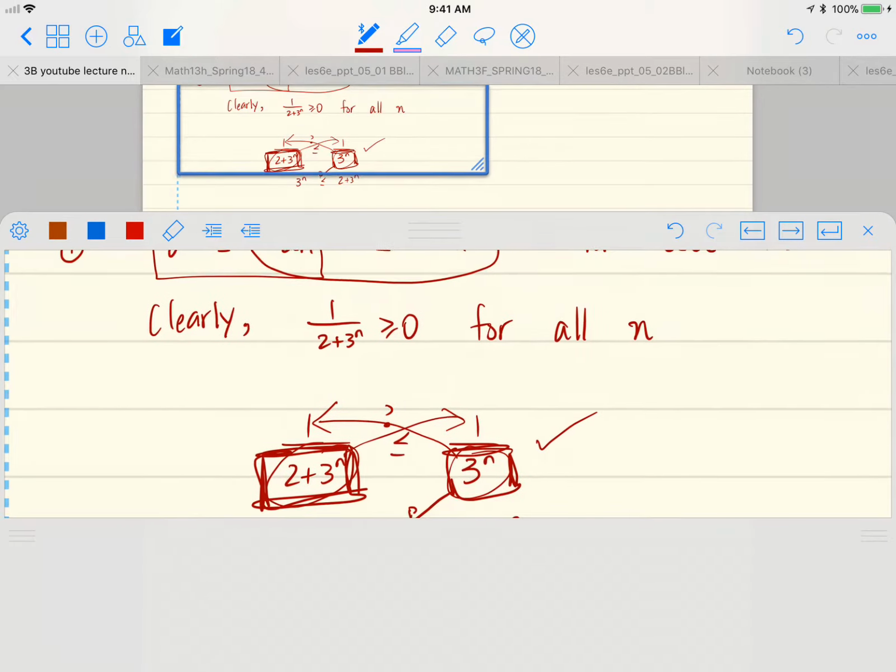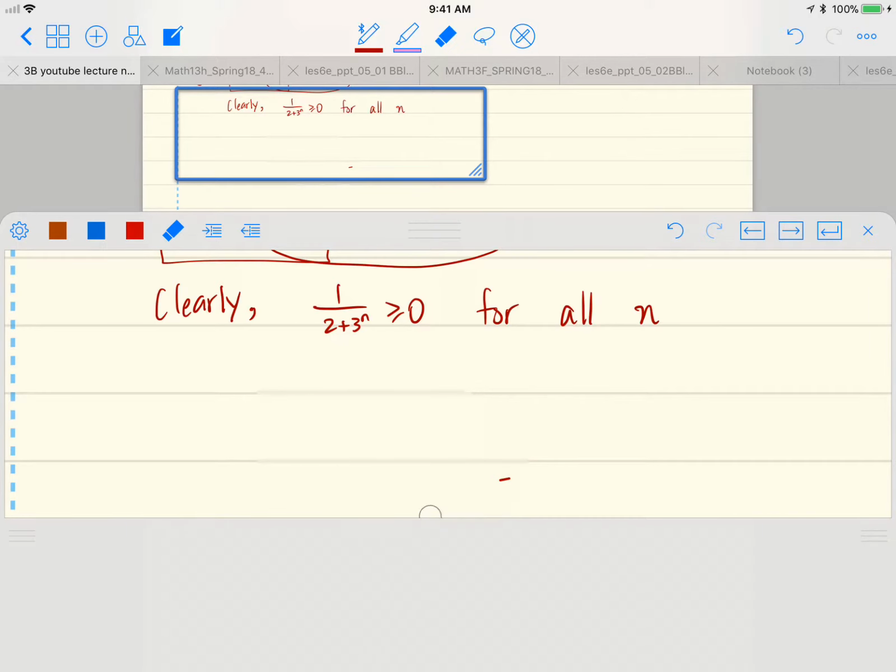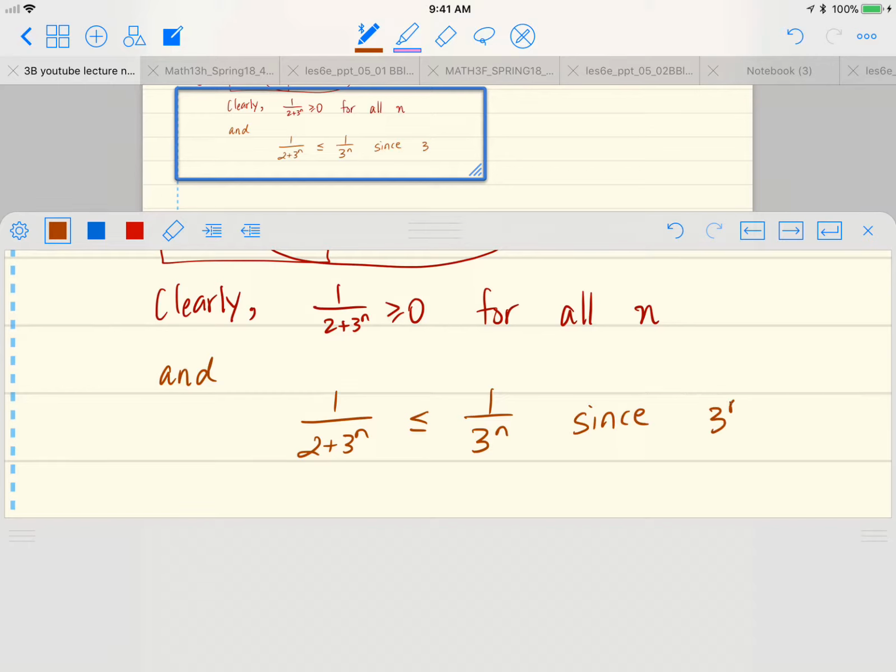Okay, so for our justification here, let's write: 1 over 2 plus 3 to the n is less than or equal to 1 over 3 to the n, since 3 to the n is less than or equal to 2 plus 3 to the n.